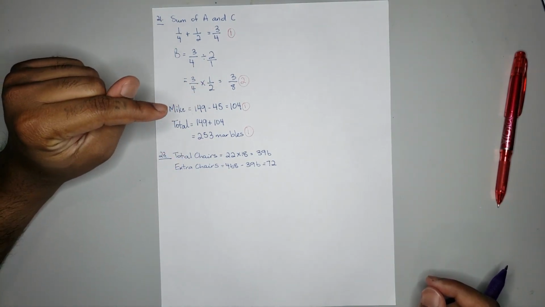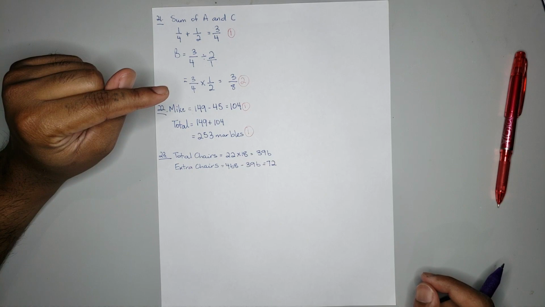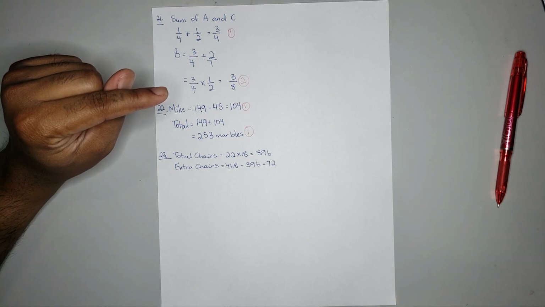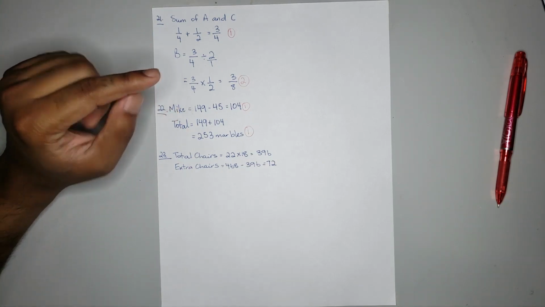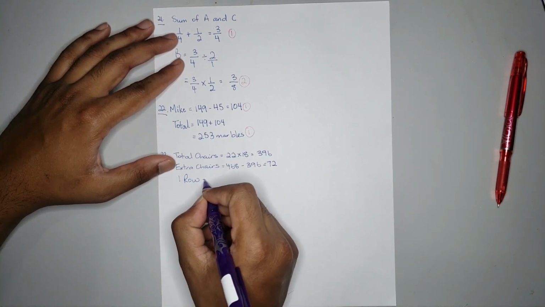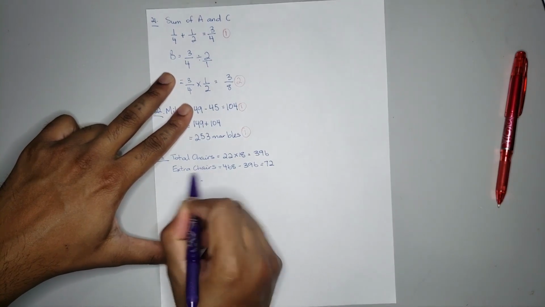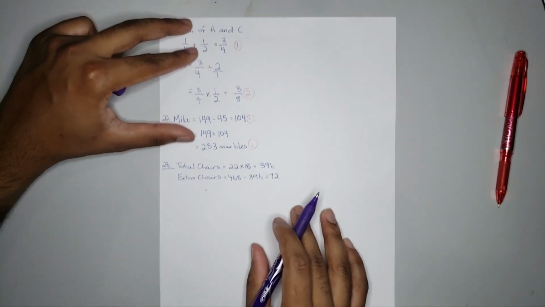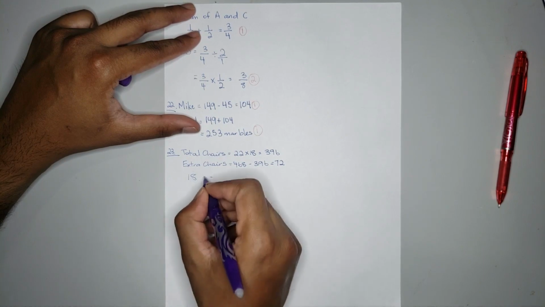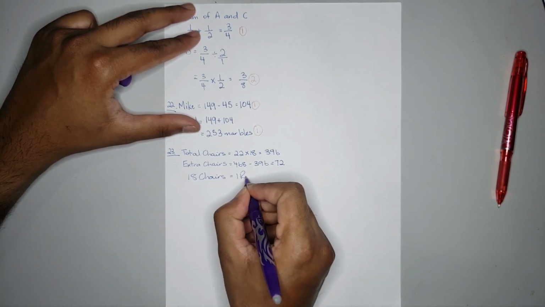They said each row, that's how many extra rows. Good. So let's write it. Whatever we need to find, we put on the right hand side of the equal sign. So now you know 18 chairs is equal to one row.